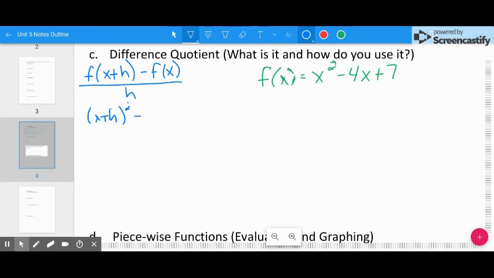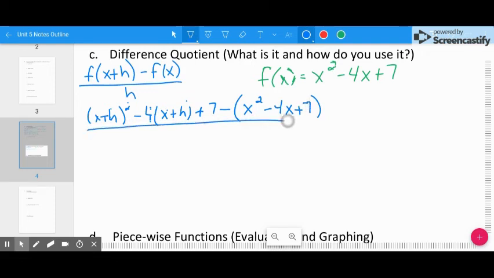It was minus 4x, so now we're going to do minus 4 times the quantity x plus h. And it was 7, so we're still going to add 7. Then we're going to change over to minus, and very importantly, we're going to use parentheses because we just talked about subtraction. Got to make sure we're subtracting all of the following terms. And then all of this is still over just a regular h.